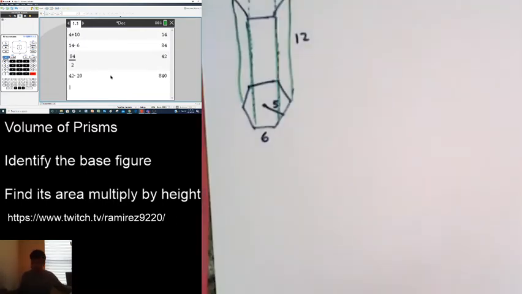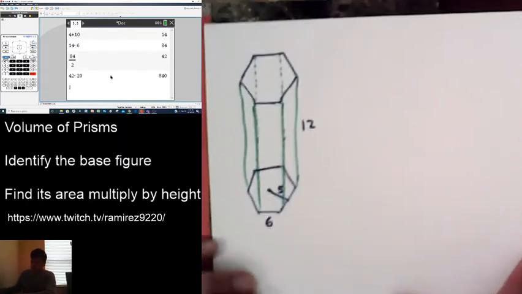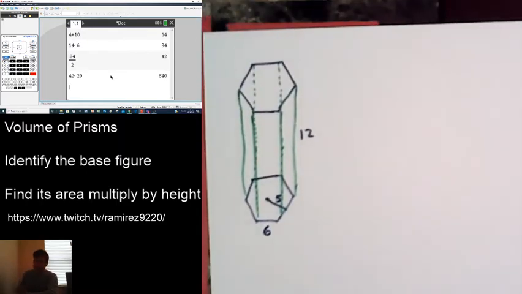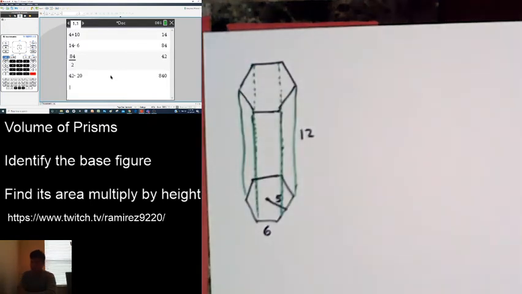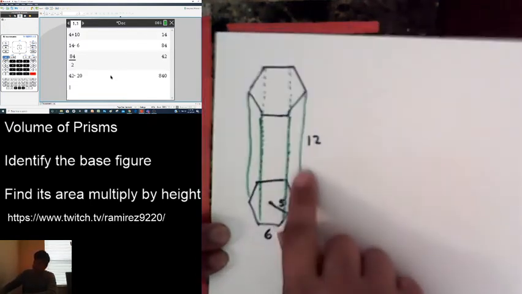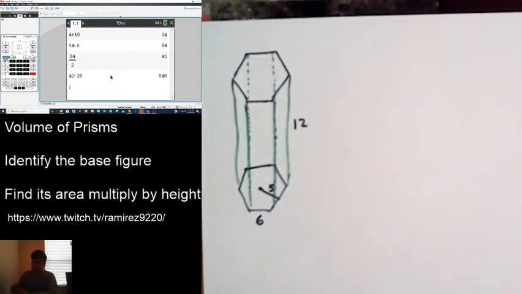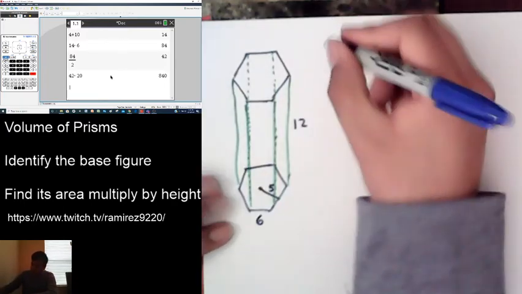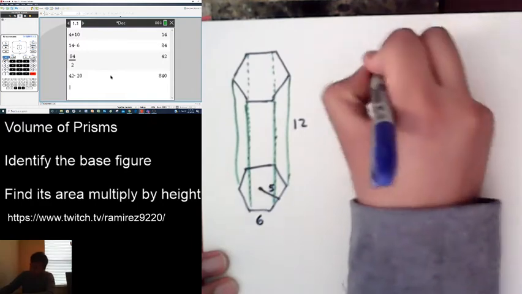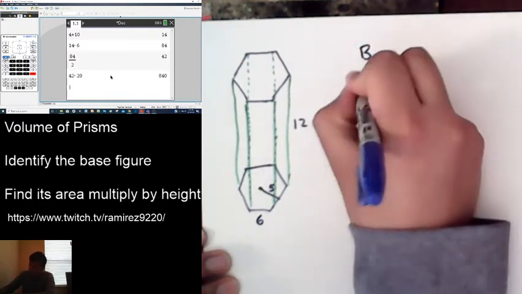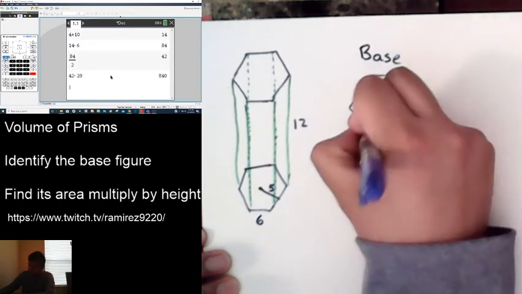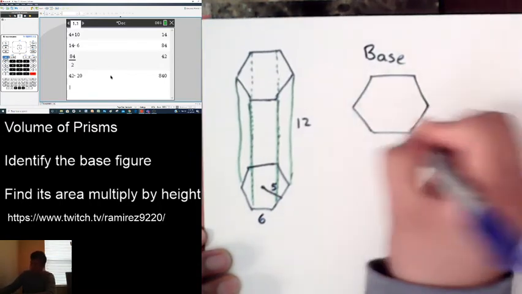Here's another one. The picture didn't come out amazing, but they're hexagons. I hope it's clear. We have a whole bunch of rectangles connecting these two hexagons. So my bases are hexagons, and I need to find the area of the hexagon.